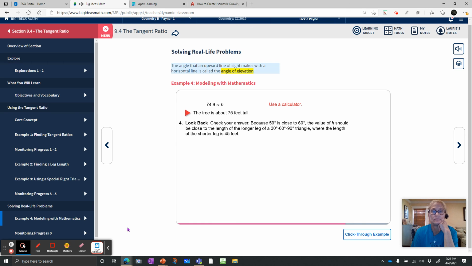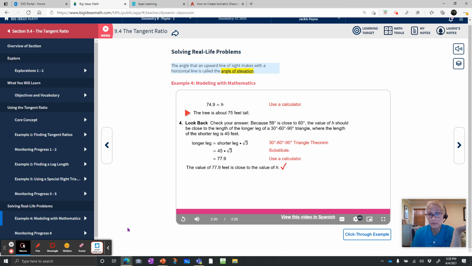By the 30-60-90 triangle theorem, the length of the longer leg equals the length of the shorter leg times the square root of 3. Substitute 45 for the length of the shorter leg. Using a calculator, you get the length of the longer leg is approximately equal to 77.9. The value of 77.9 feet is close to the value of h.